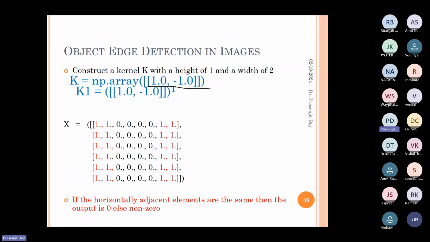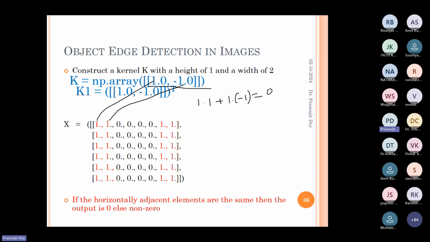If we apply this kernel over this image, 1 will be multiplied with 1, so 1 into 1 is 1, and 1 into minus 1 is minus 1. So 1 into 1 plus 1 into minus 1. What will the output be? The output will be 0.